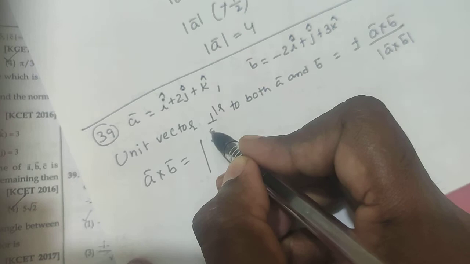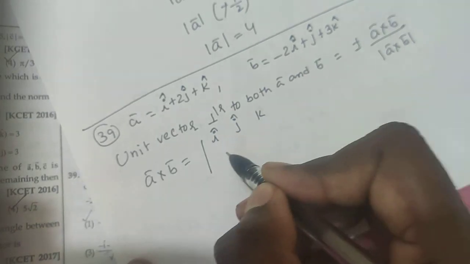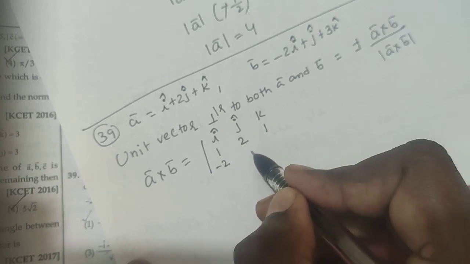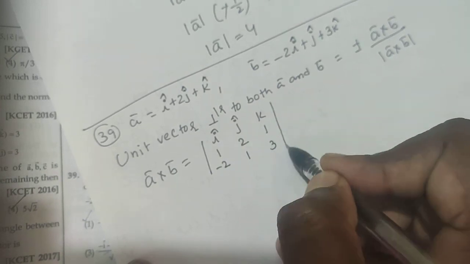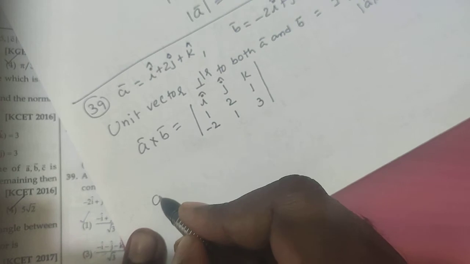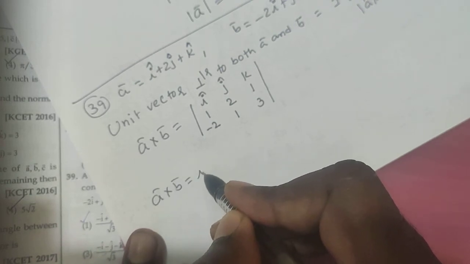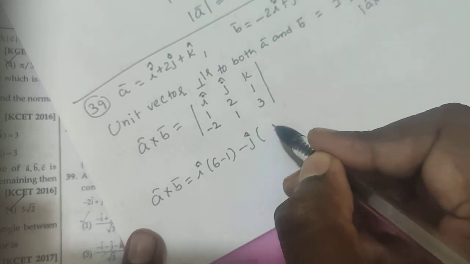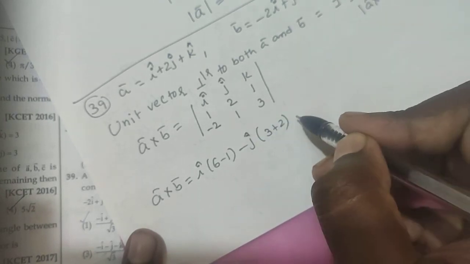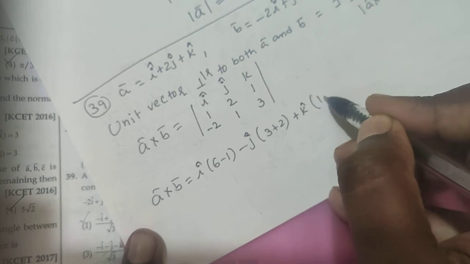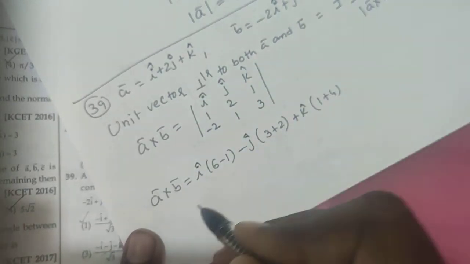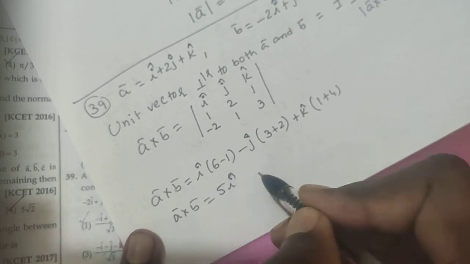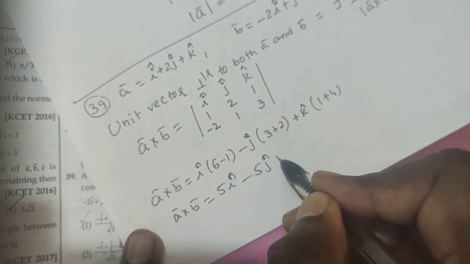That equals the determinant of i, j, k. i value 1, j value 2, k value 1. i value minus 2, j value 1, k value 3. Then simplify: a bar cross b bar equals i into 6 minus 1, minus j into 3 plus 2, plus k into 1 plus 4. Now simplify: a bar cross b bar equals 5i minus 5j plus 5k.